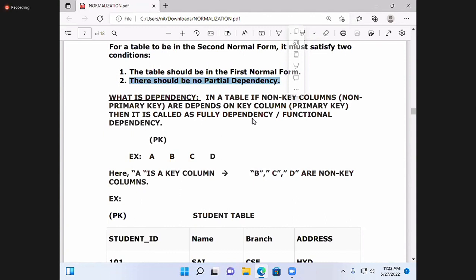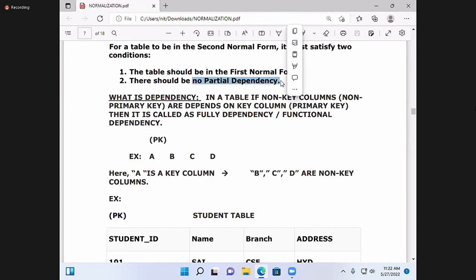So what the second normalization technique tells us is that when you design your table, there should not be partially dependent columns in that table.